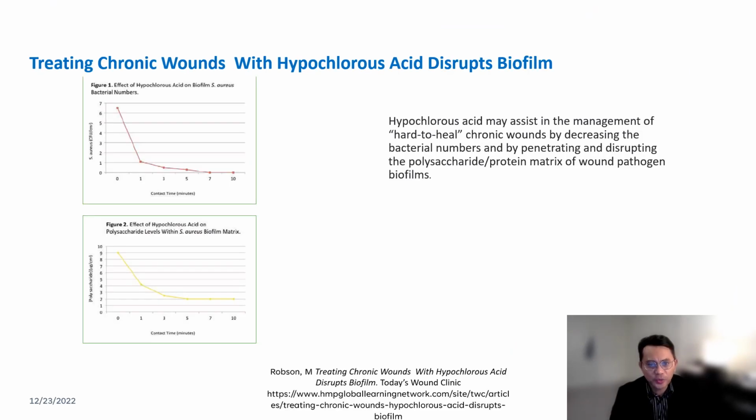Okay, so one of my favorite journals in wound care is Today's Wound Clinic, and this was published. This is the work of Robson, and I like this two-graph figure showing how hypochlorous acid could dramatically and abruptly decrease both the number of bacteria and also disrupt the polysaccharide component found in biofilm.